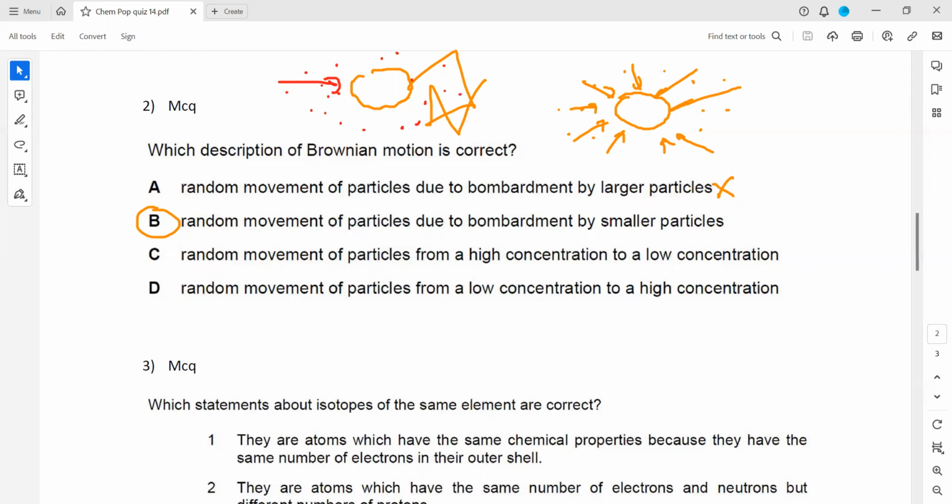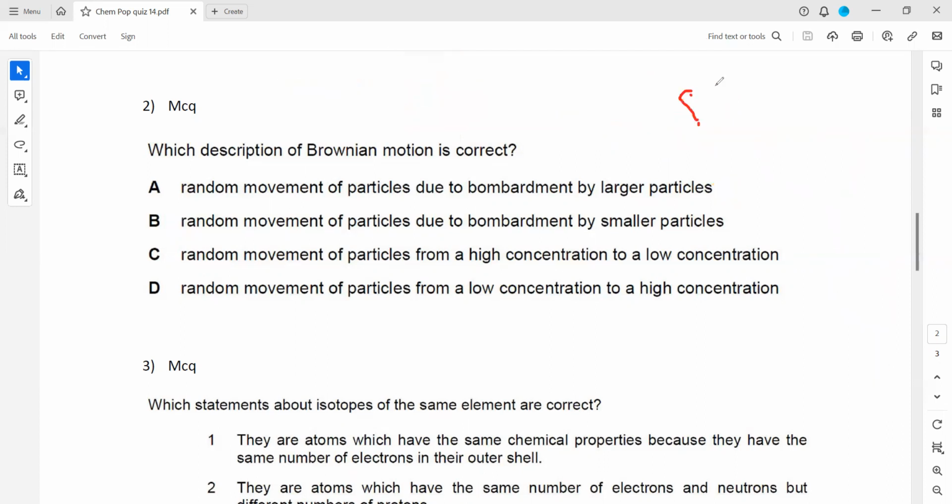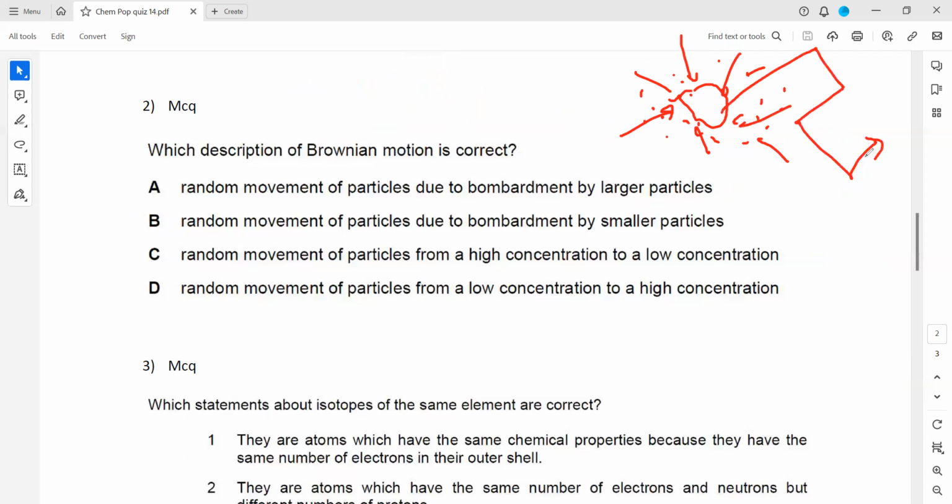When heavy particles collide, they cause movement in a specific direction. If one heavy particle hits another heavy particle, it will not move randomly, it will move in a specific direction. But what happens in Brownian motion is that a lot of lighter particles continuously hit the heavy particle. As a result, they create a random motion. That is Brownian motion.